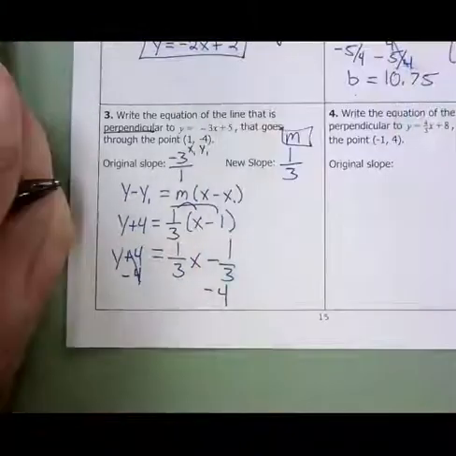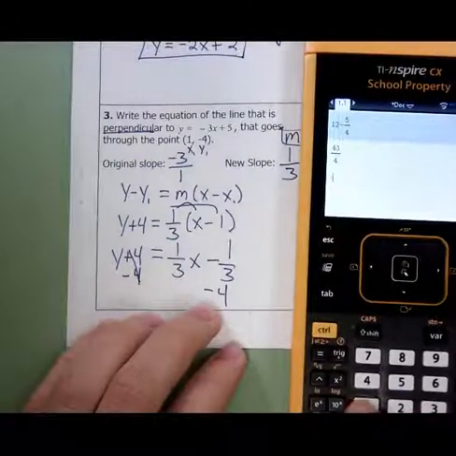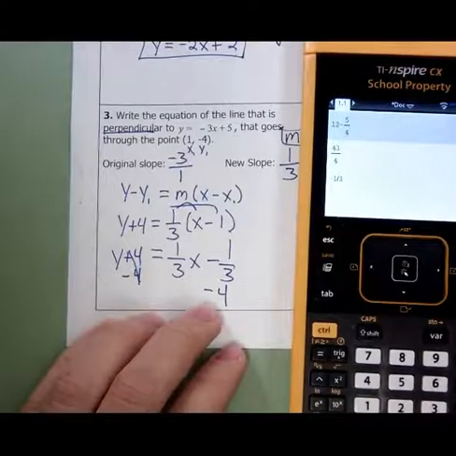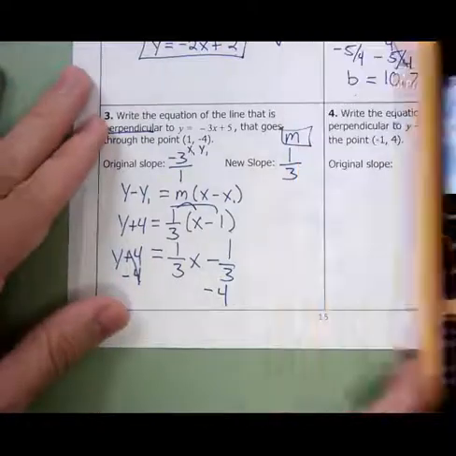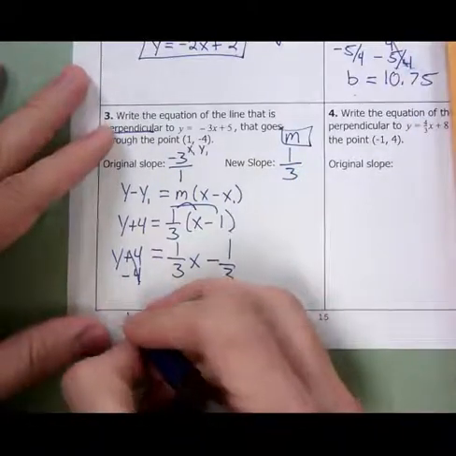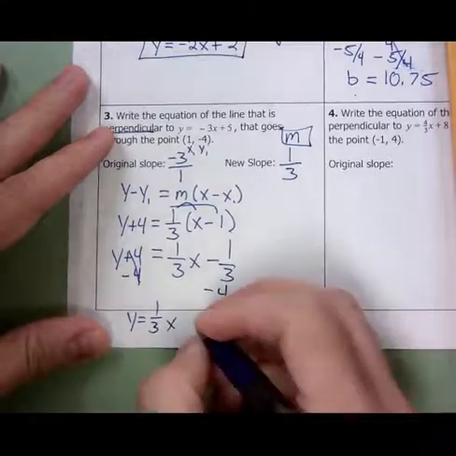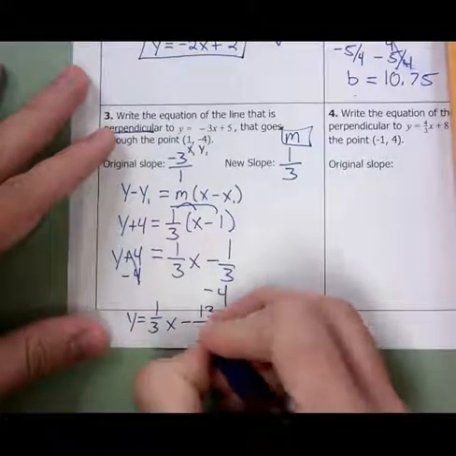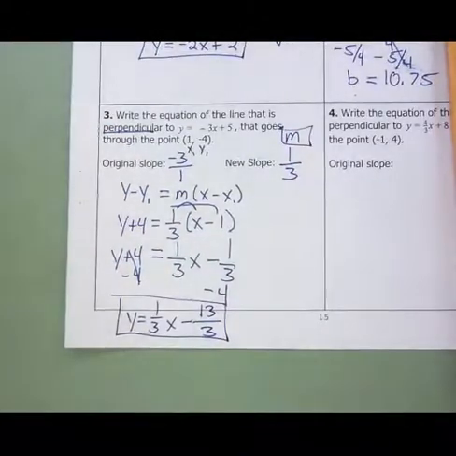That's going to be an ugly answer anyway, so we'll keep it like this. Negative 1/3 minus 4 is going to be negative 13 over 3. So that gives us y equals 1/3 x minus 13 over 3. And that is your equation.